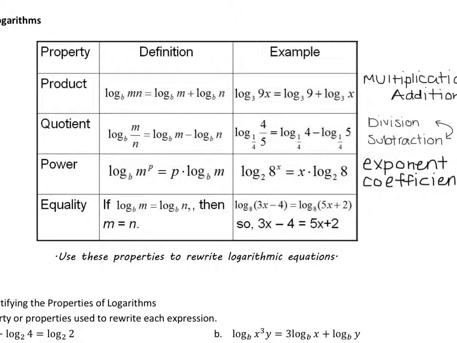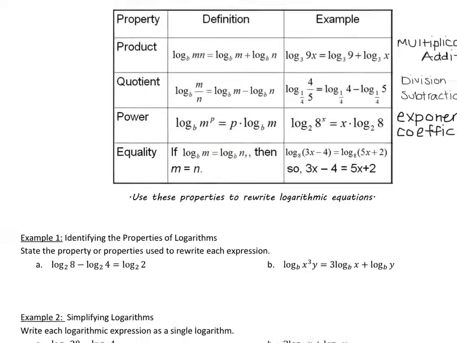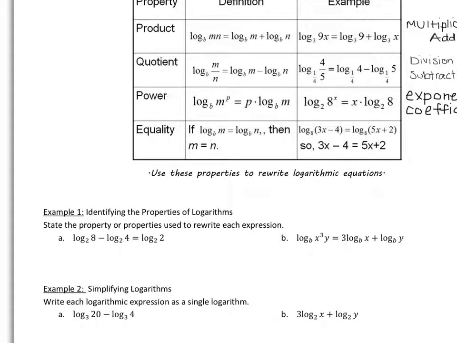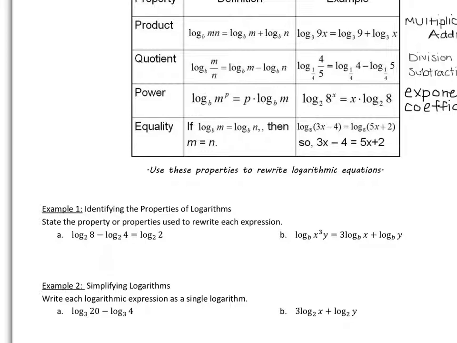All right. So the first examples that you're going to have are, you're just going to state which property is used to get from the left side to the right side of the equation. So how did we get from log base 2 of 8 minus log base 2 of 4 to just log base 2 of 2?